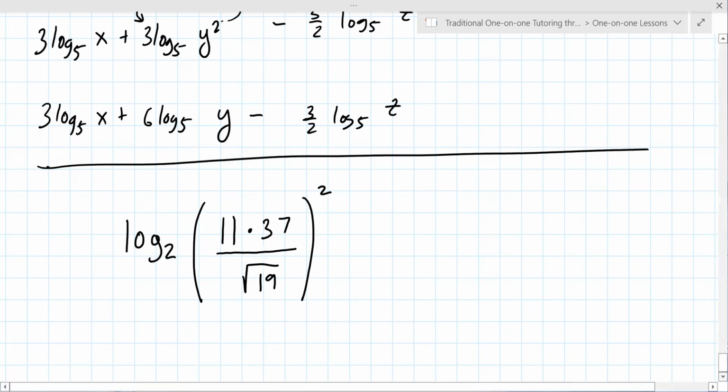It's a product. Products become a sum. No. Oh, so it creates another one, right?